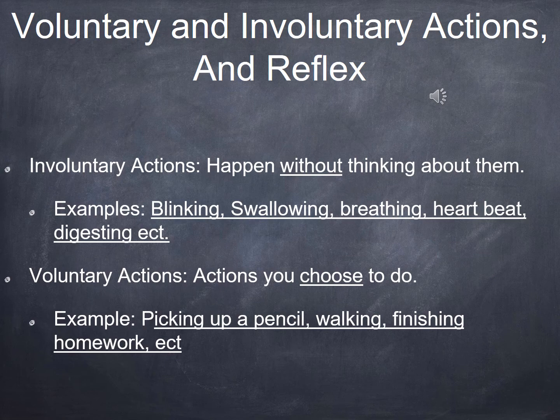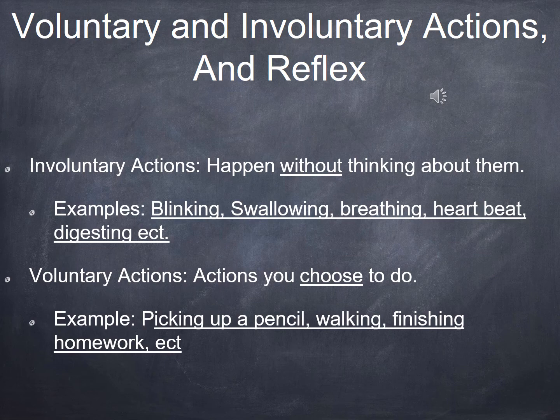The way that information is passed from neuron to neuron can be affected by the type of actions they are working on starting. We have two different kinds of actions, two different categories. Involuntary actions are actions that are involuntary. Involuntary means they happen without you thinking about them.